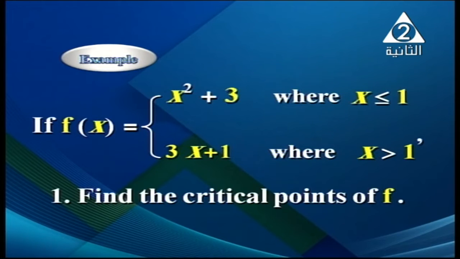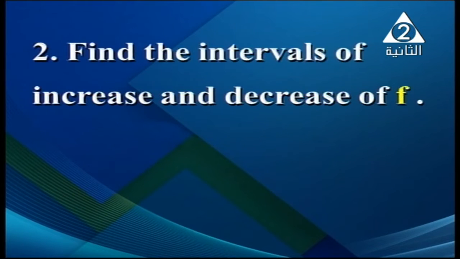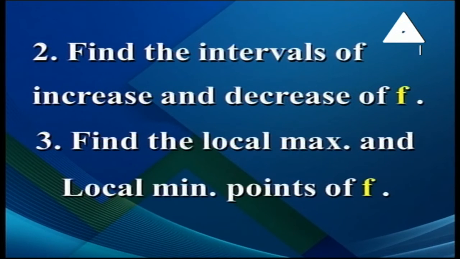Number 1, find the critical points of the function. Number 2, find the intervals of increase and decrease of the function f. Number 3, find the local maximum and local minimum points of the function.